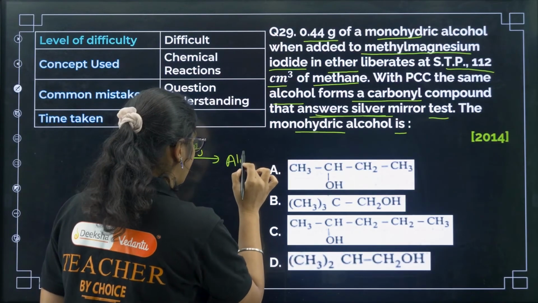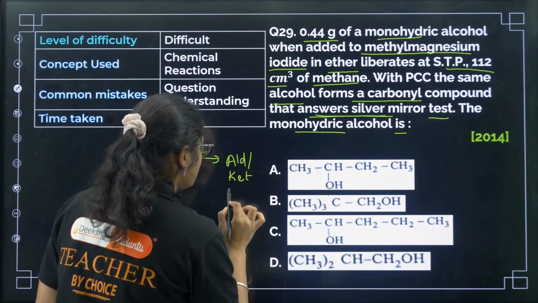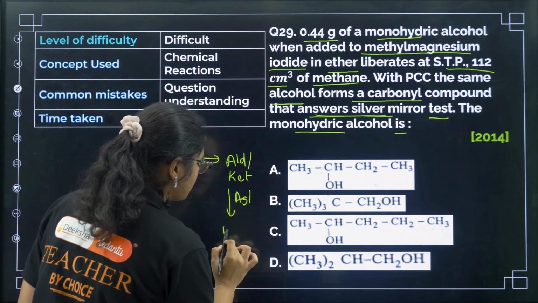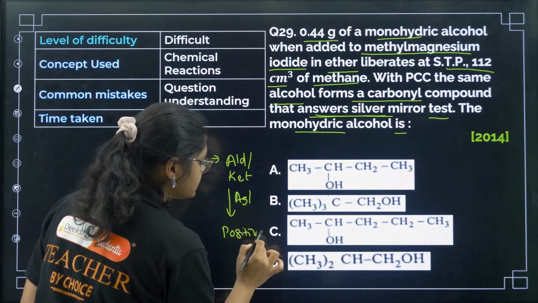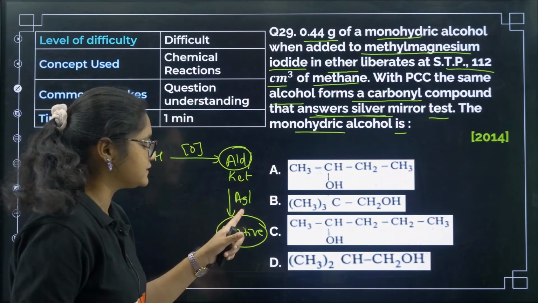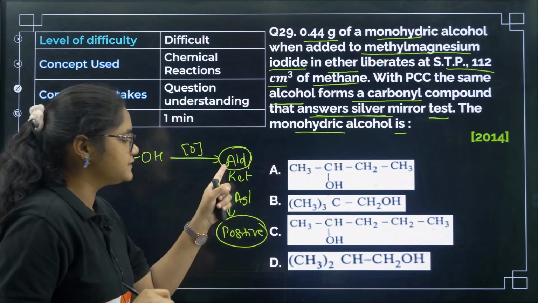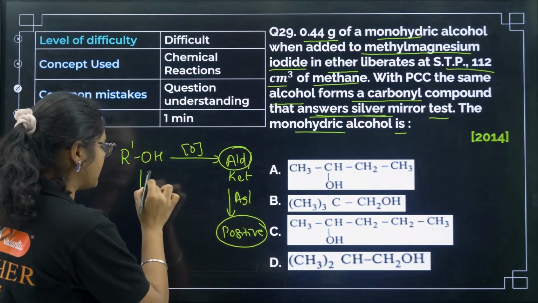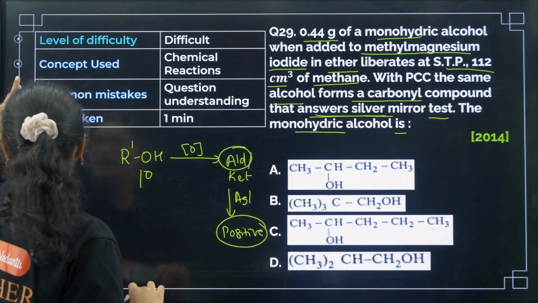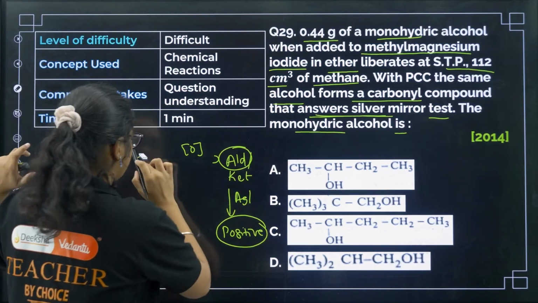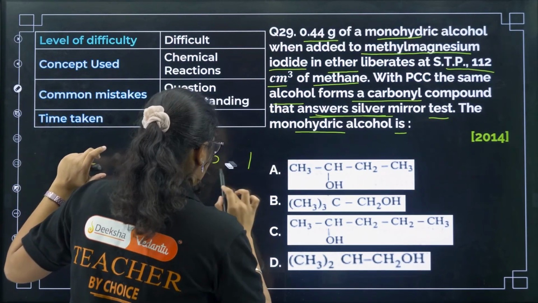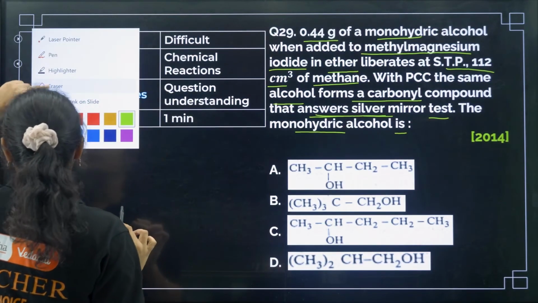Now when this is done with the silver mirror test and it is coming positive, that means this has to be an aldehyde, because ketones do not give the Tollens test. So if this is an aldehyde, then this has to be a primary alcohol, because a primary alcohol on oxidation will give you aldehydes. So definitely I can say now that this monohydric alcohol which is given to you in the question is nothing but a primary alcohol, right?